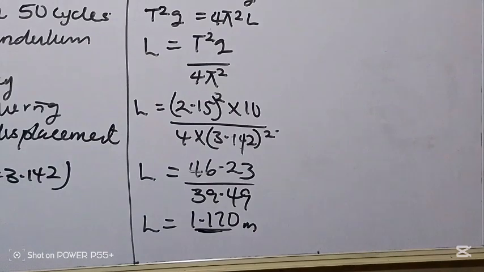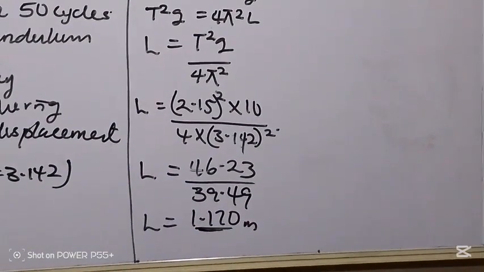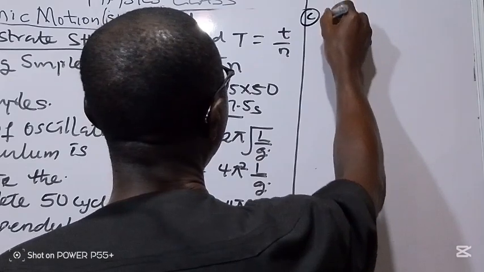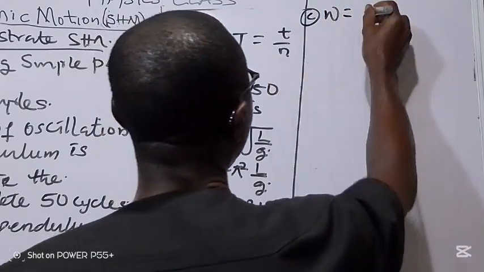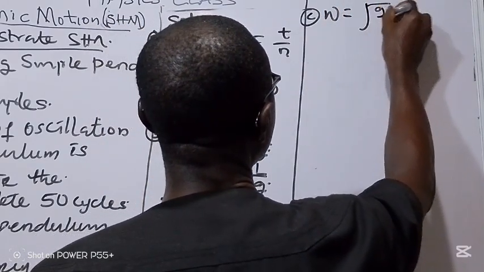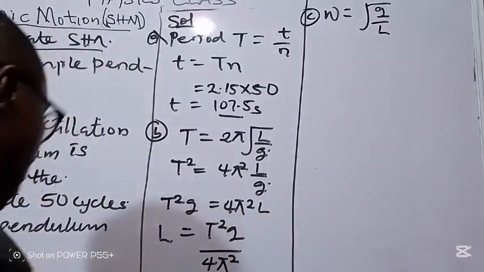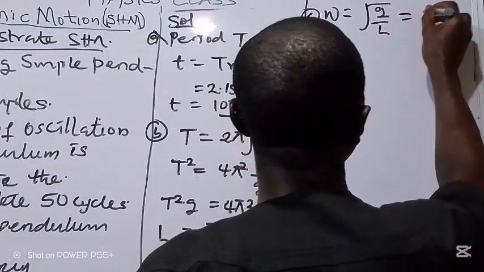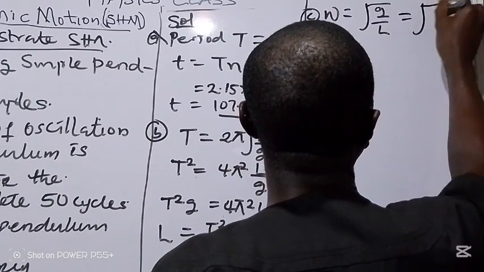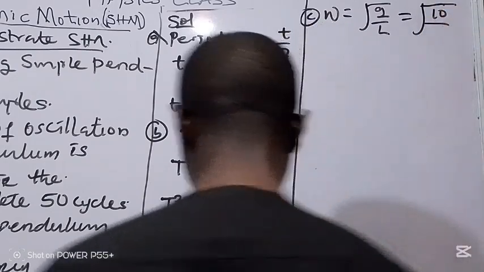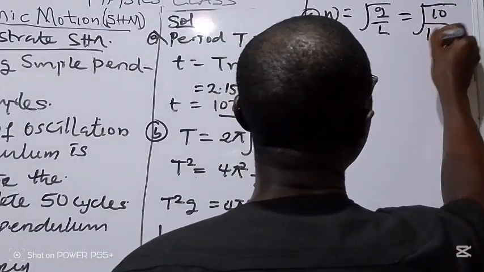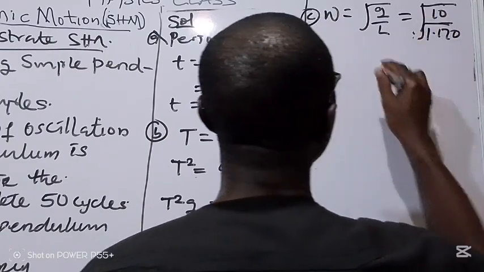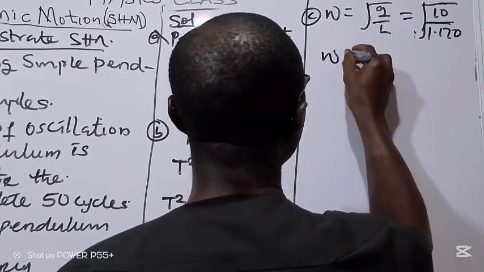Question C, angular frequency. That's square root of G over L. And our G is given from the question. This one will now give us square root of 10 over the value of L, which is 1.170. Then omega will be equal to square root of 8.55.